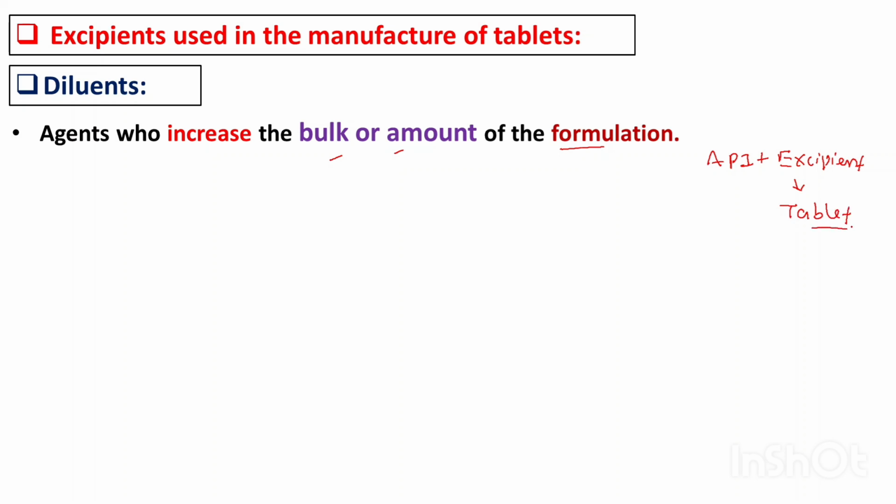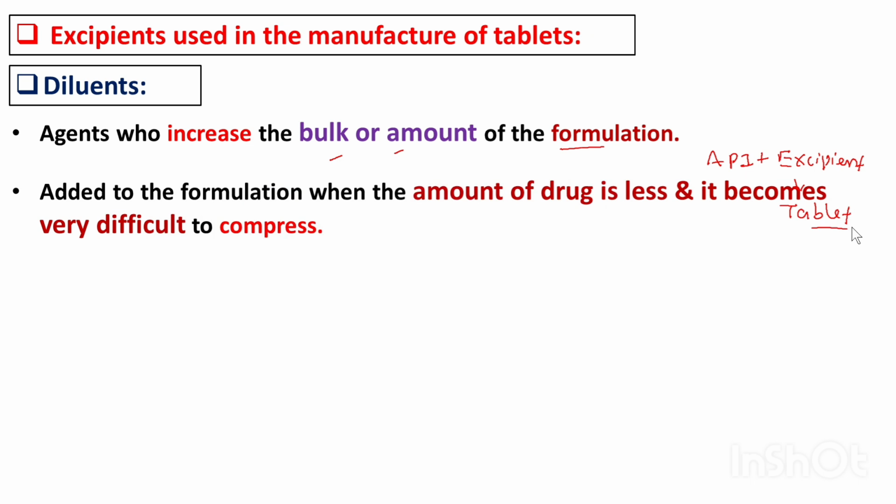So the agent which will increase the amount of the formulation is known as diluent. We use diluents mostly when the amount of drug is less or it becomes very difficult to compress, then only we use these diluents in the formulation, right?